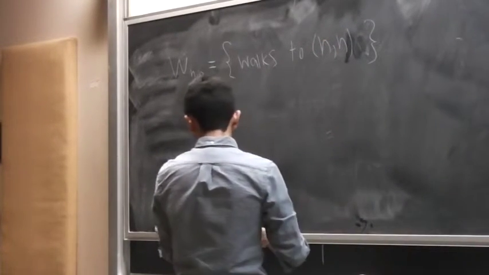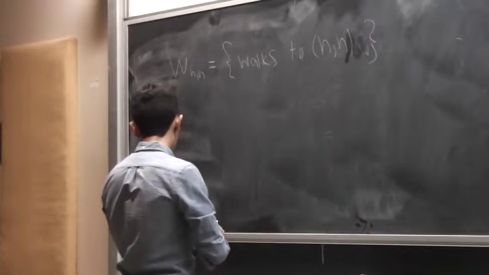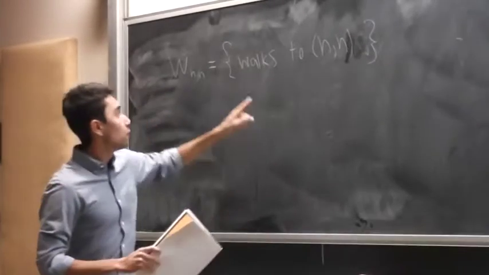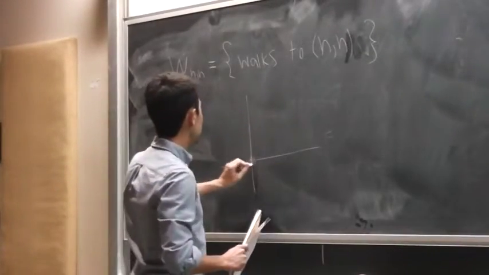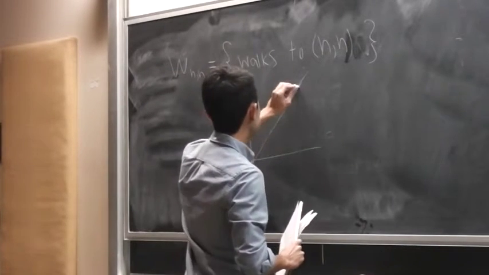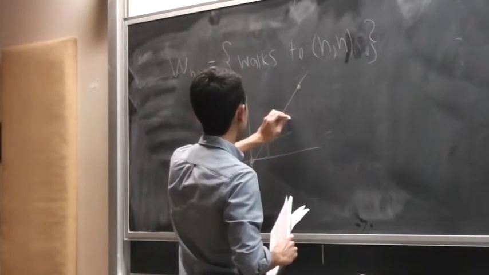Okay, so now we're just walking, maybe a walk like this. We start at the origin, and then we end up somewhere on the line y equals x.